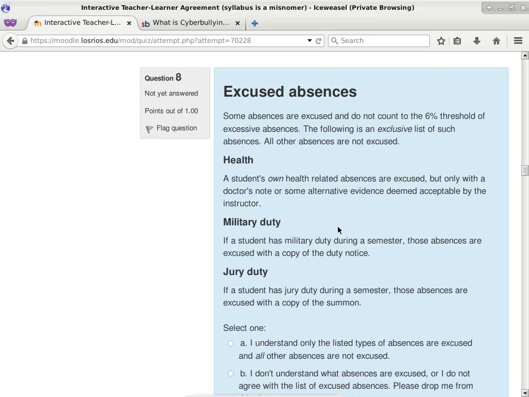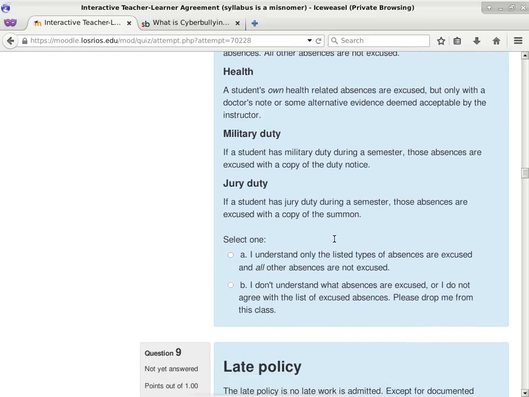All right. The other 2 are excused as well. Military and jury duty are also excused, but once again, you need to show me paperwork so that I know, okay, this is the reason to be excused.